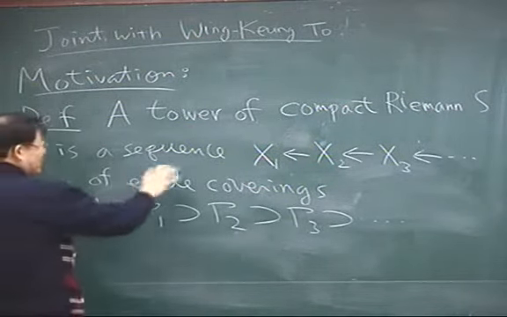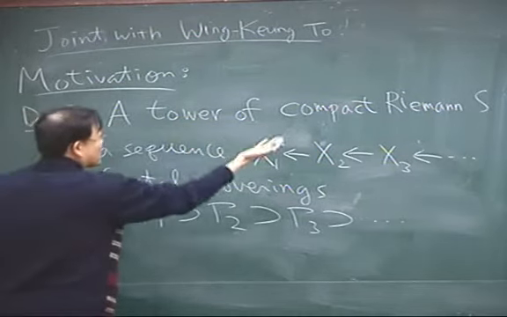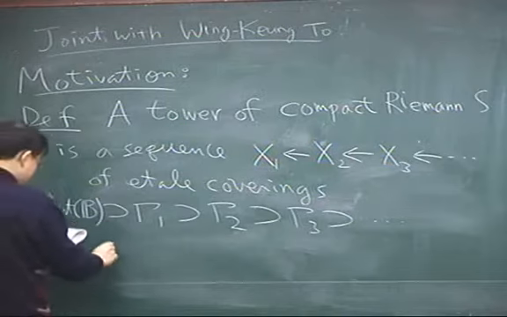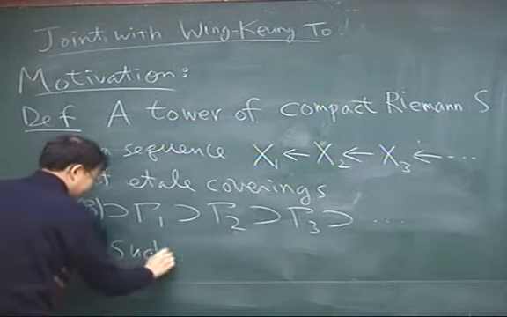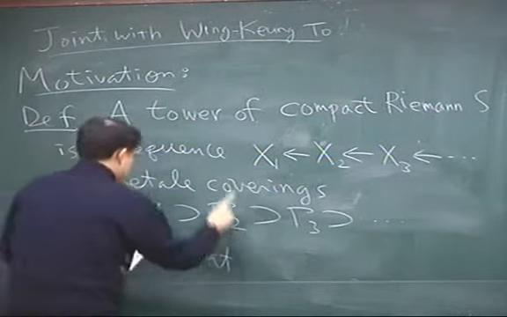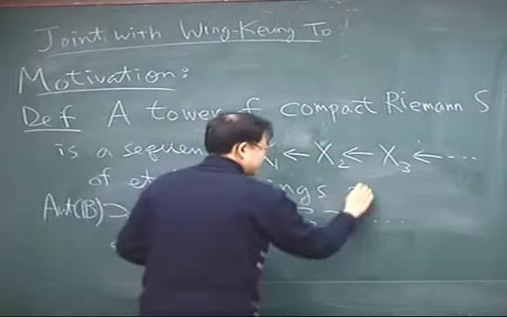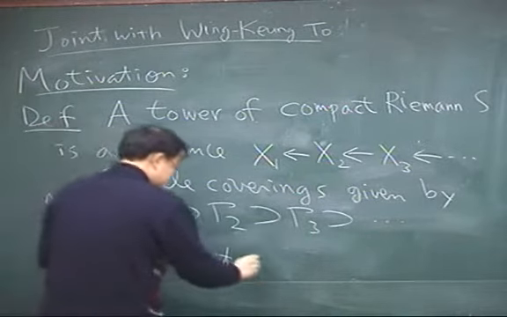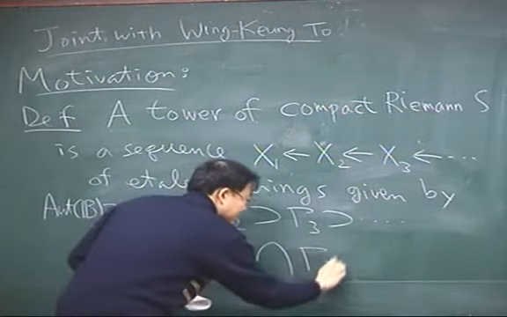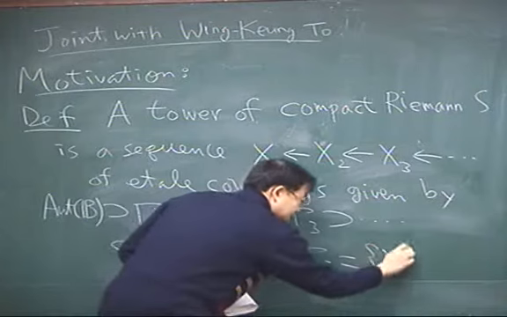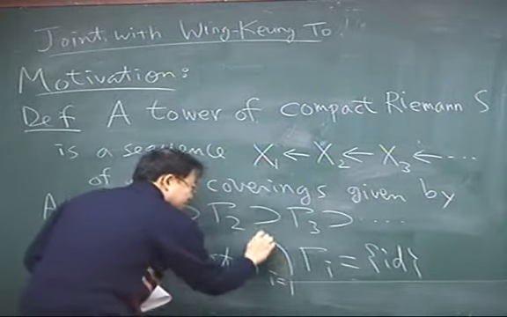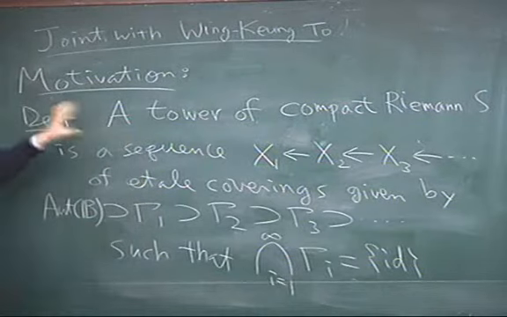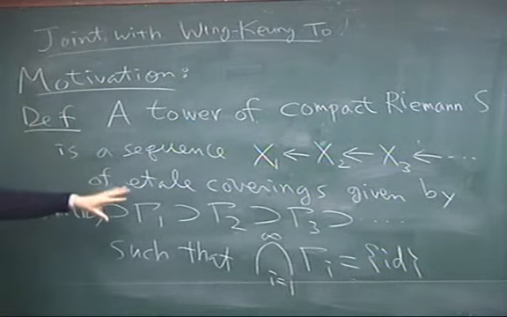Now we say that this sequence is a tower of a compact Riemann surface if the étale coverings are given by such a sequence of groups such that the intersection of gamma i is the identity. So this is modeled on taking the congruence subgroups.